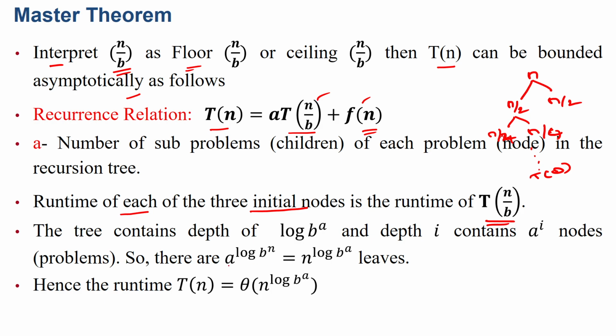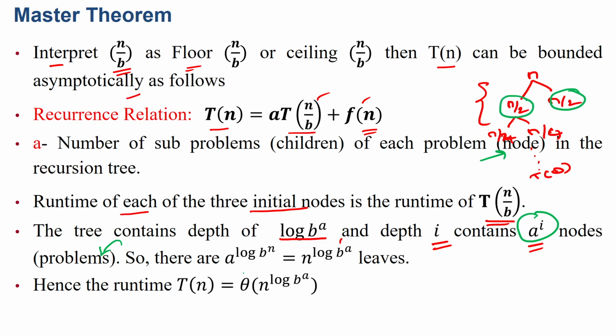So the recursion tree has a depth equal to log base b of n, and level i contains a to the power i nodes, as leaf nodes. Each node is called a subproblem.